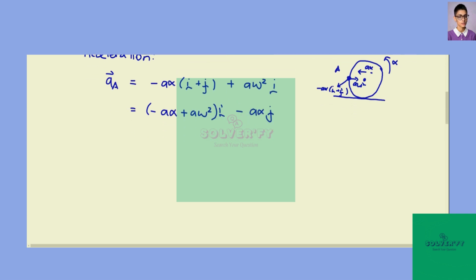We can find the acceleration of B, which is equal to the acceleration of A plus alpha AB cross RB relative to A minus omega AB square RB relative to A. We set alpha AB to the left.